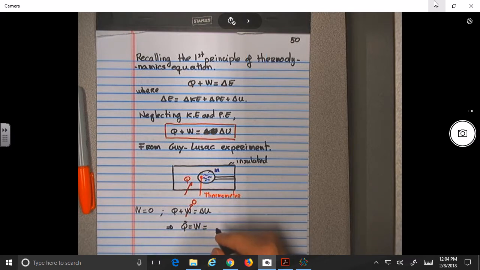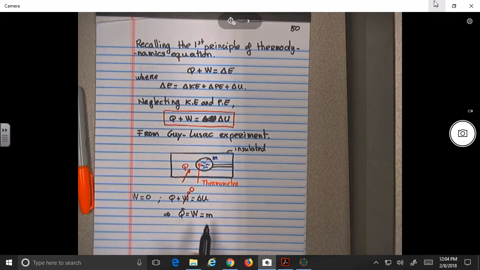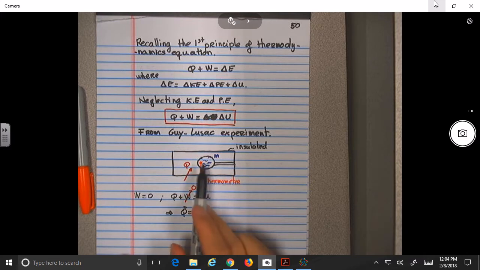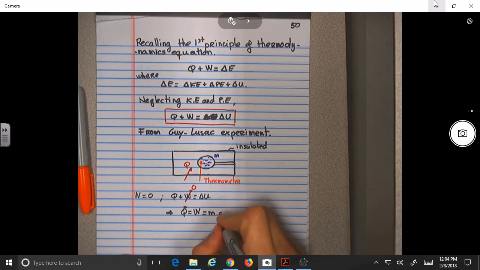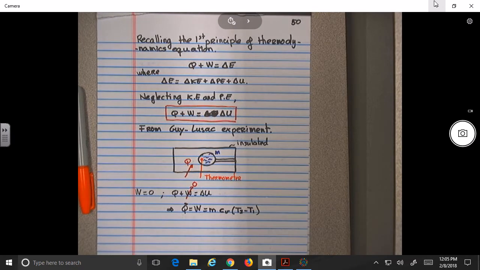And what he found out is that the amount of heat put into this water is going to be equal to the mass of the water times a certain constant, called here CV, times the difference in temperature.